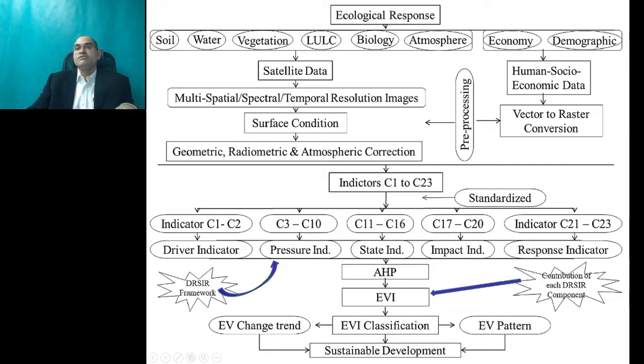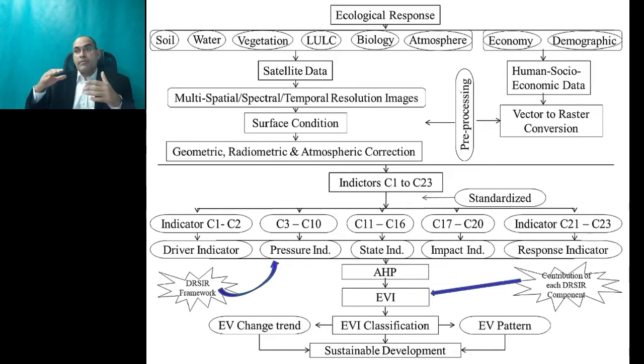Ultimately I get these 23 parameters, and I divide them into five big parameters: the driver indicator, pressure indicator, state indicator, impact indicator, and response indicator. I already mentioned the pressure, state, and response indicators. Driver indicator means parameters which initiate the pressure, and impact indicator means they get the first order effect after that type of pressure.